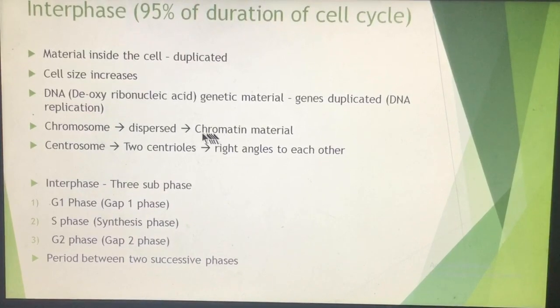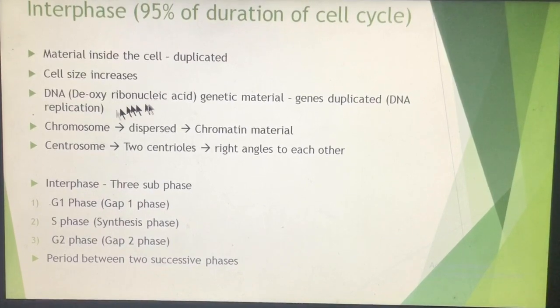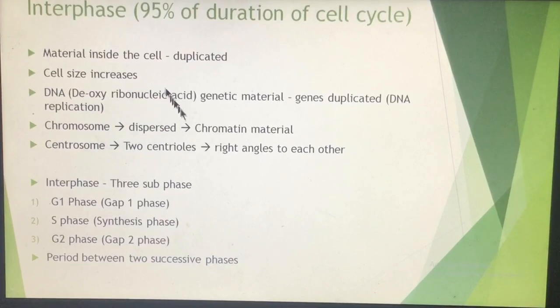In other words, you can say these chromosomes are made up of chromatin material, and this chromatin material during the interphase is in a network form. So because it forms a network, पूरा network बन जाता है. As a result you cannot count the number of chromosomes.